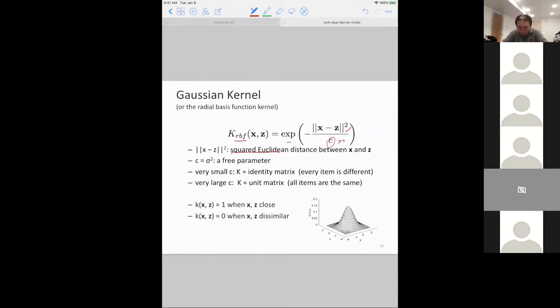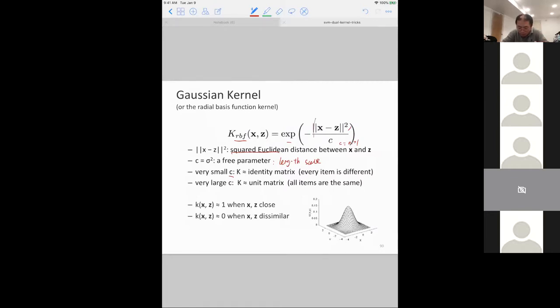So c is a free parameter, which is also referred to as the kernel parameter, and people often call c the length scale. You can imagine if c is very small, like c equals 0.01, a slightly bigger distance will end up with a very large number.